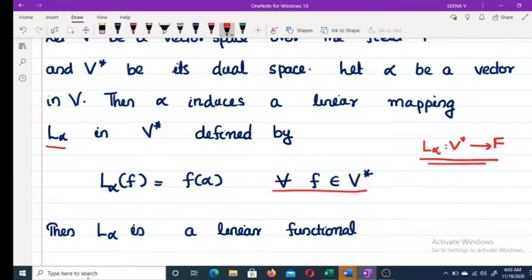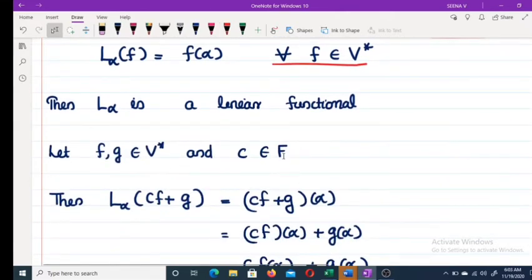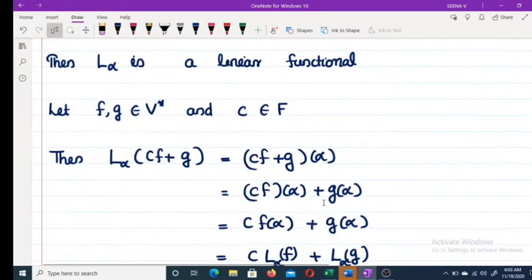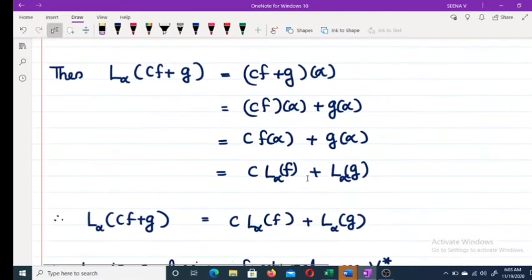Now we are moving to the proof. Let f, g belong to V star and c belongs to F. Now what is L alpha of cf plus g? By definition this is equal to cf plus g of alpha, which is equal to cf of alpha plus g of alpha, which is equal to c into f of alpha plus g of alpha, which is equal to c into L alpha of f plus L alpha of g.